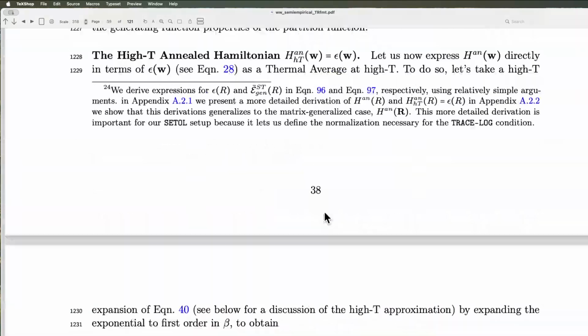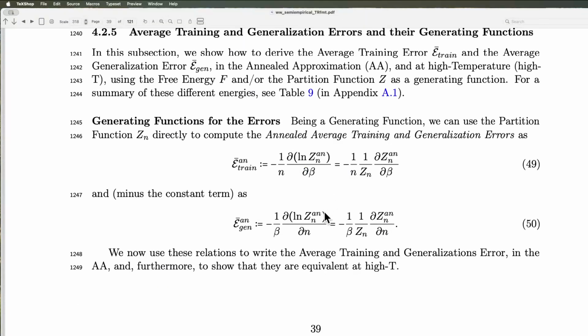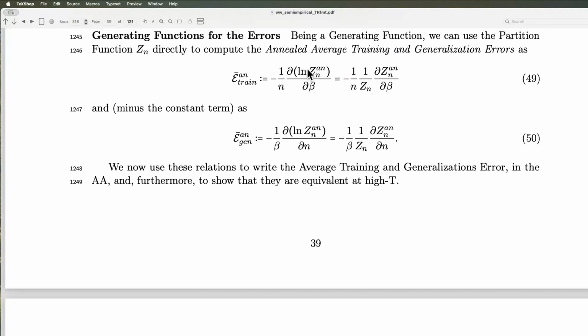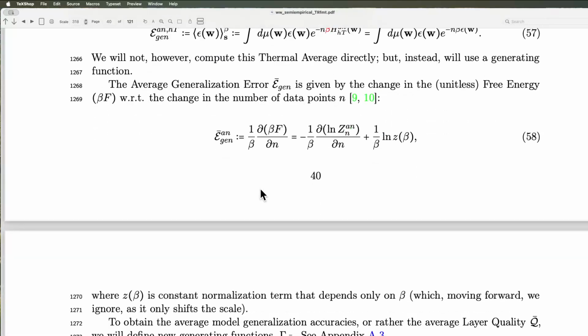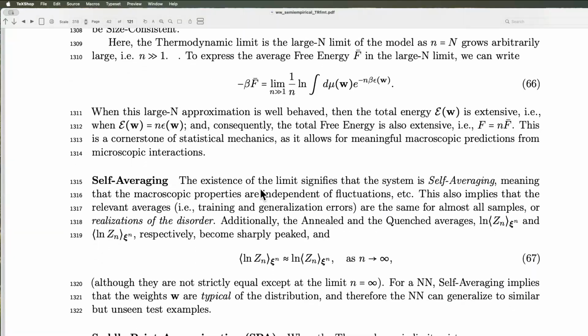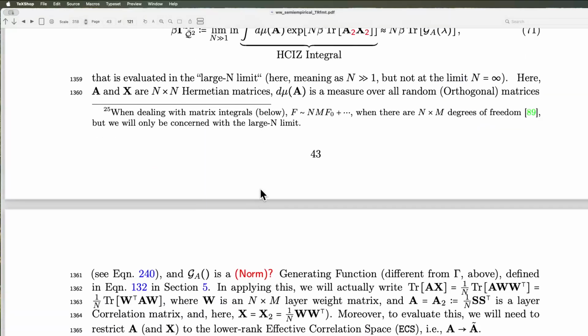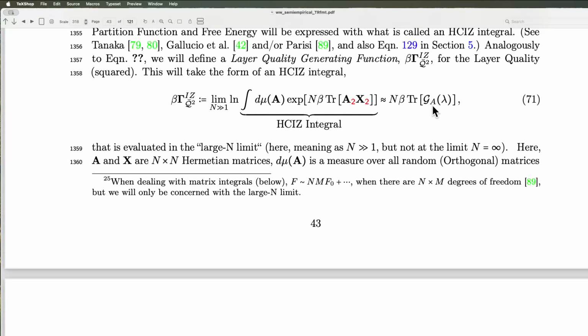When we go back to equation 50, we're going to stick that gamma into this equation. We can take the derivative with respect to beta and divide by n, or take the derivative with respect to n and divide by beta. Since this object is just a fixed number, it won't depend on n or beta.